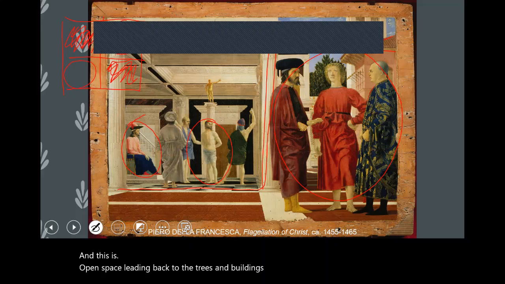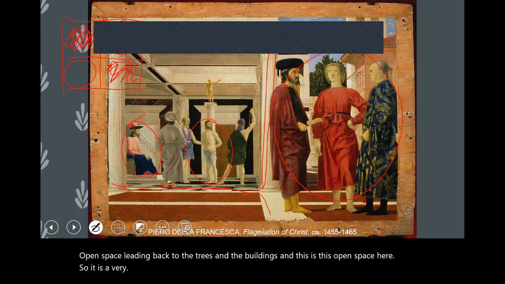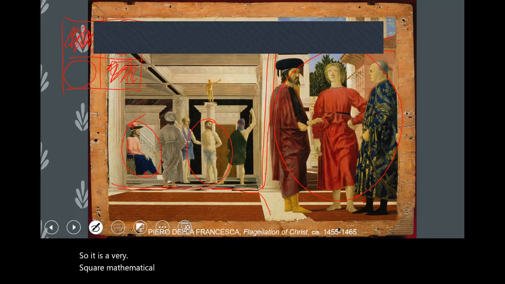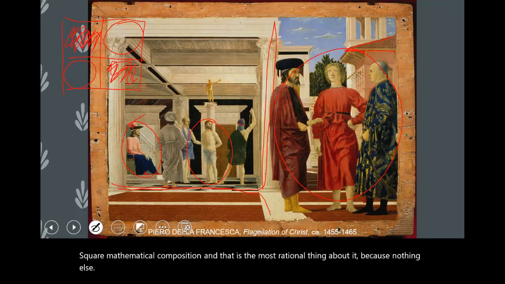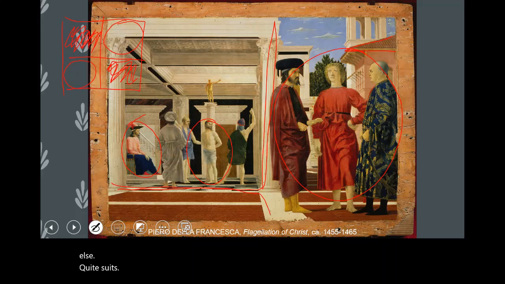And this is this open space here. So it is a very square mathematical composition.